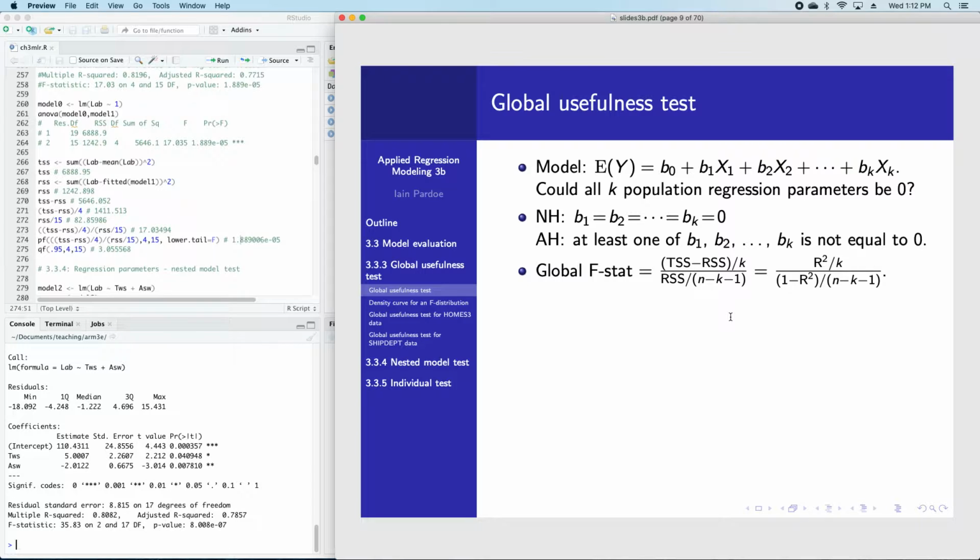So if we think about it for a sec, what would make the F statistic really large? Well, if the total sum of squares and the residual sum of squares are very different, that would make this a large number. Now, what would make these two numbers very different?